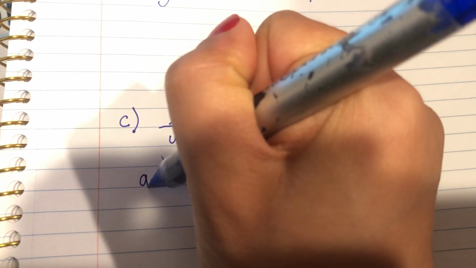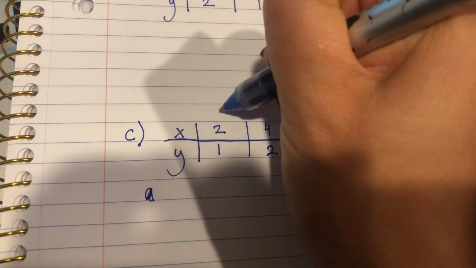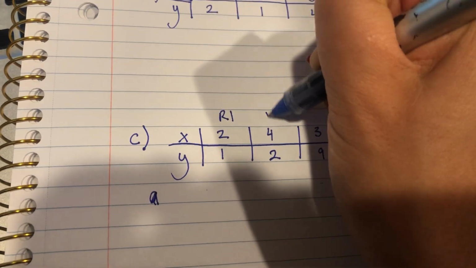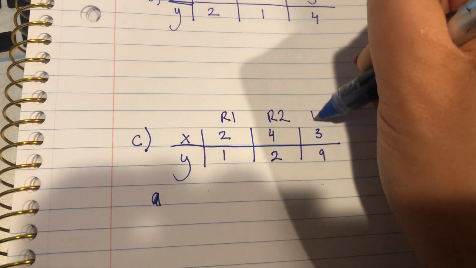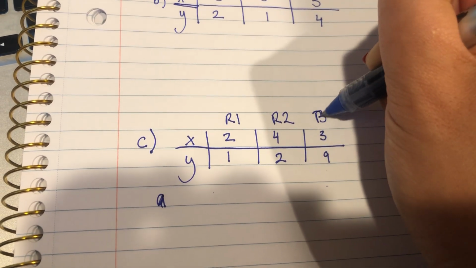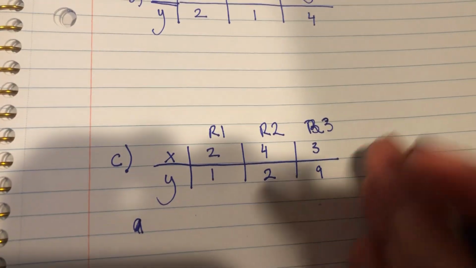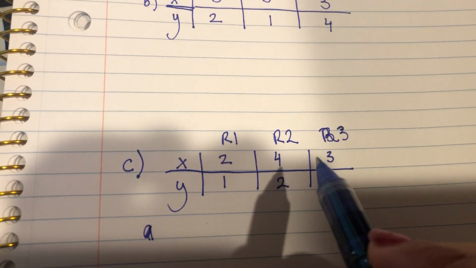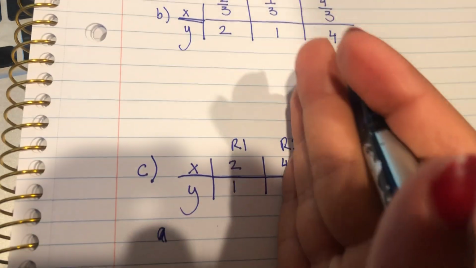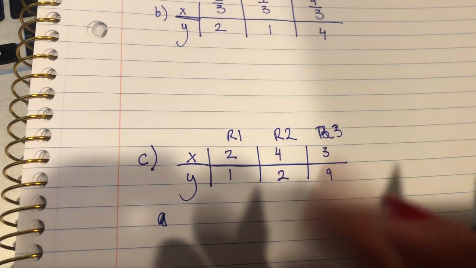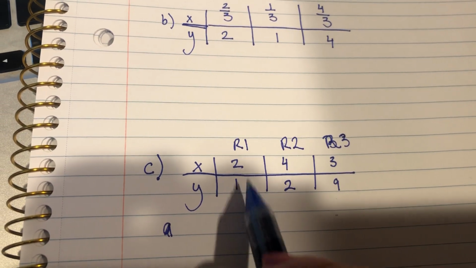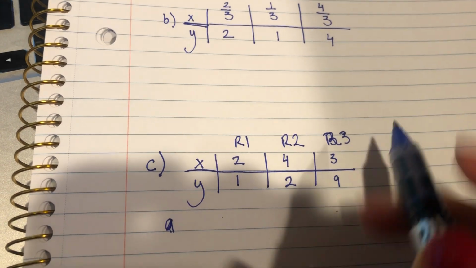First I'm going to label ratio 1, 2, and 3. The first thing I always want you guys to do is actually label the ratios, and because x is above y, we're looking at them vertically. Okay, so here's my first ratio, second, third.